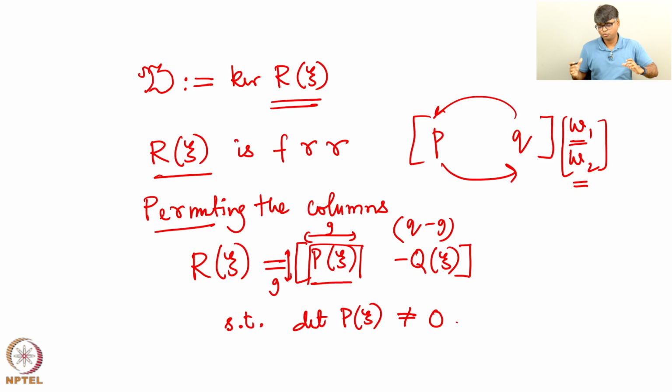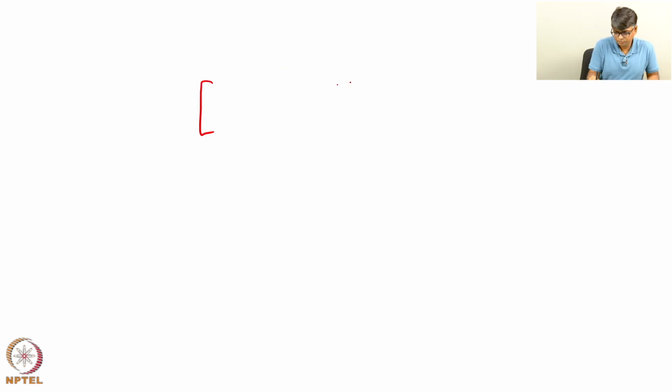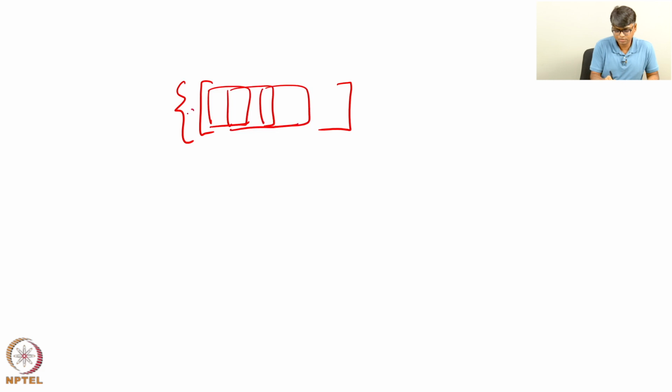Because this matrix is full row rank, there will be a submatrix with as many columns as the number of rows, so that its determinant is non-zero. I hope you're getting my point. Suppose there is a matrix like this, I am assuming full row rank, then I look at all possible g by g matrices. This size is g cross q.